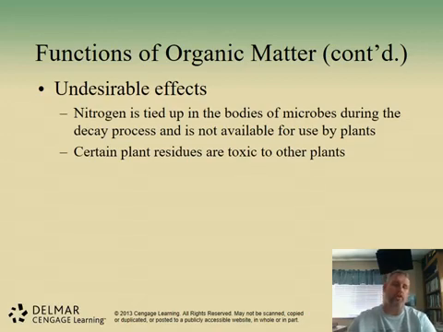And then there are also certain plant residues that can be toxic to other plants. A really good example of this is a eucalyptus tree, and a eucalyptus tree gives off something called allelopathic chemicals, and these allelopathic chemicals can actually act as herbicides, sort of like pre-emergent herbicides that will kill small plants if they try to grow near these plants with these chemicals.